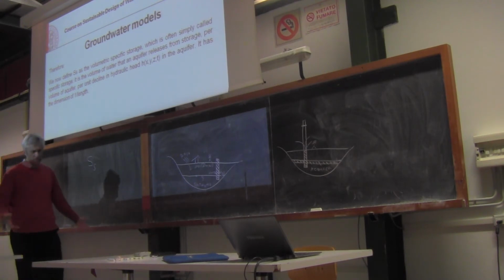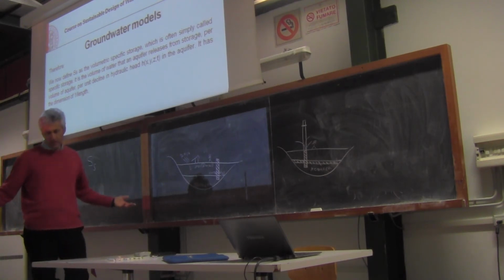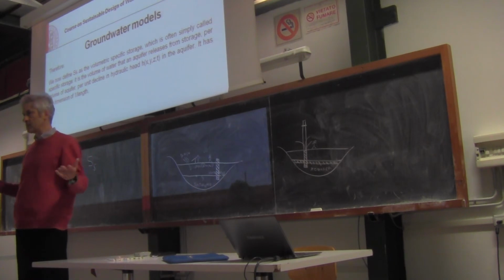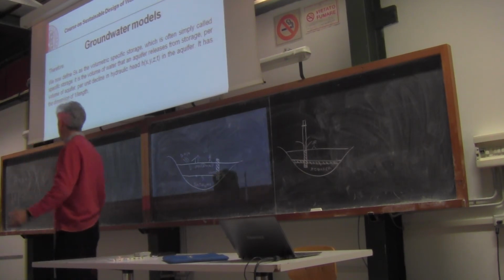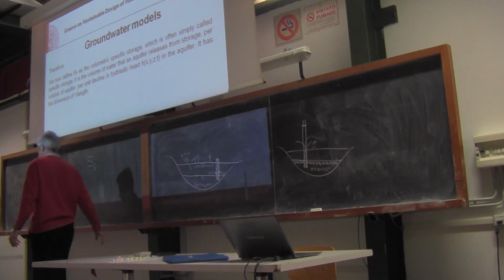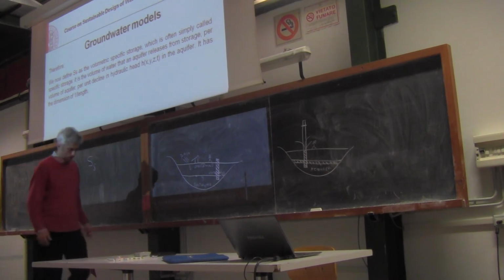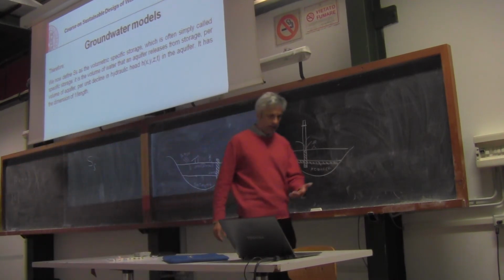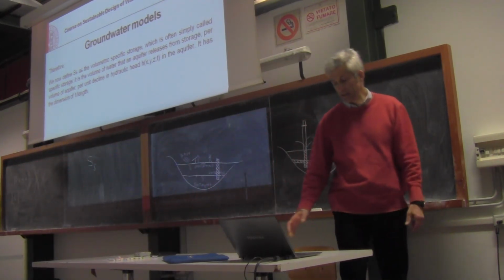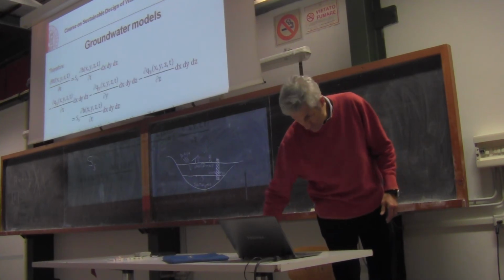So we have an aquifer, we take water, and the water table declines. The amount of water released by the aquifer per unit volume of the aquifer itself, and per unit hydraulic head decline, is specific storage.